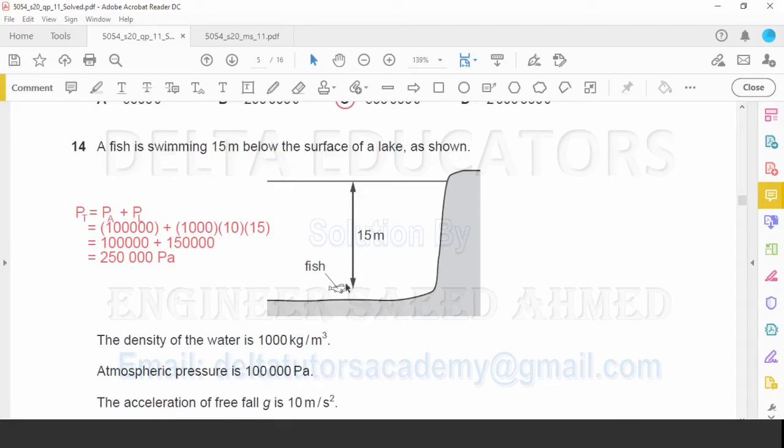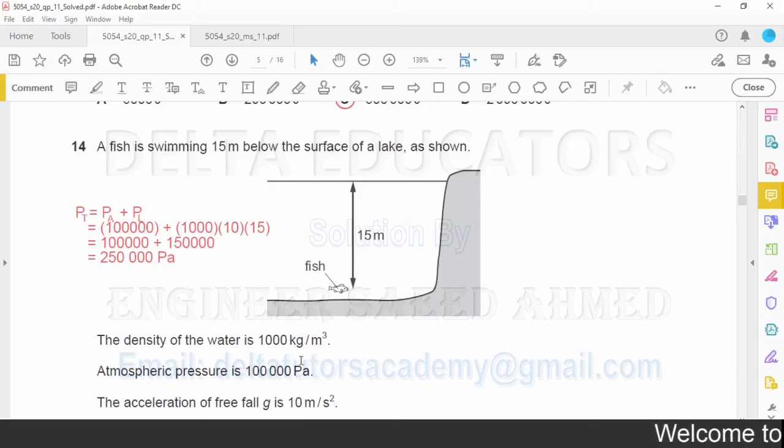What about the pressure due to the liquid? Pressure due to the liquid is given as rho gh, where rho is for density, g is for acceleration of free fall, and h is for height. Here density is given 1000 kg per meter cube, so the value of rho is 1000.